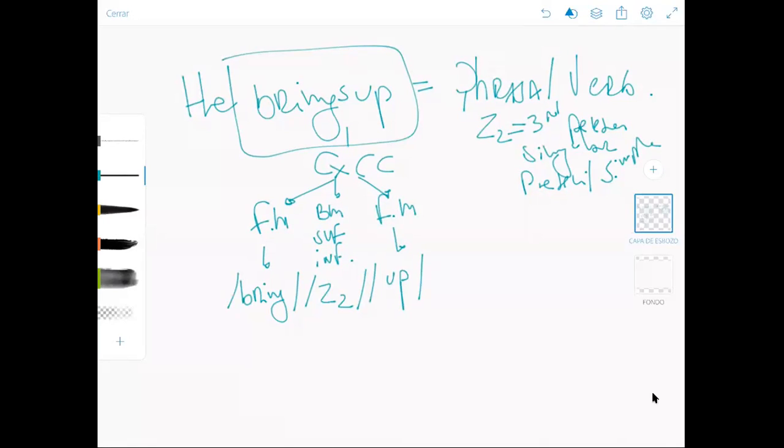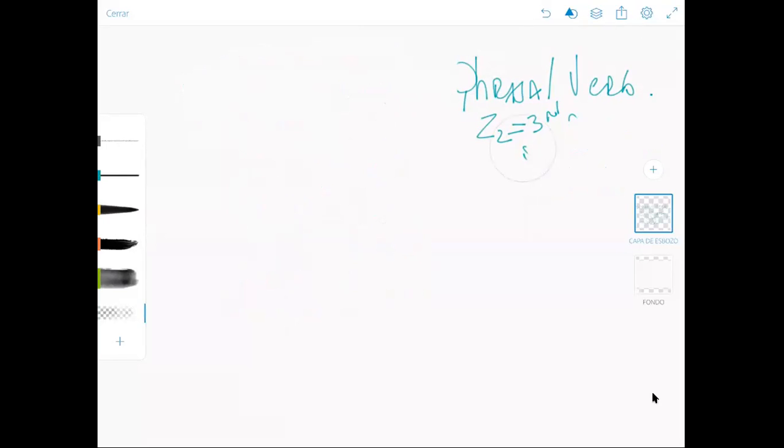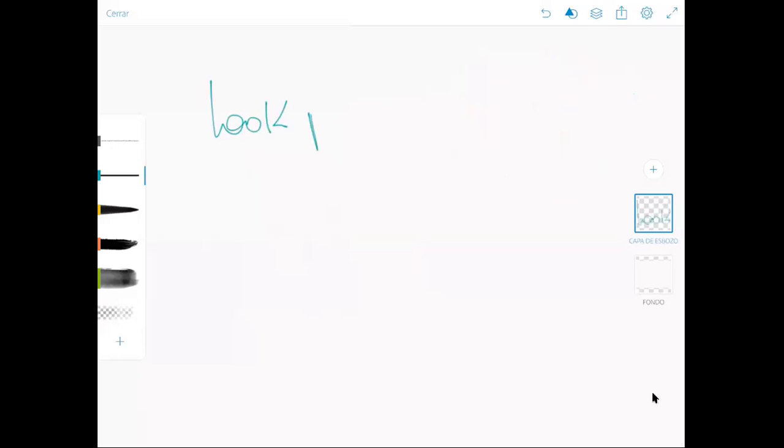In the case of the other verb, the phrasal prepositional verb, we will talk about this later on as well when we review verbs in a much deeper manner. Like, for example, look forward to, right?